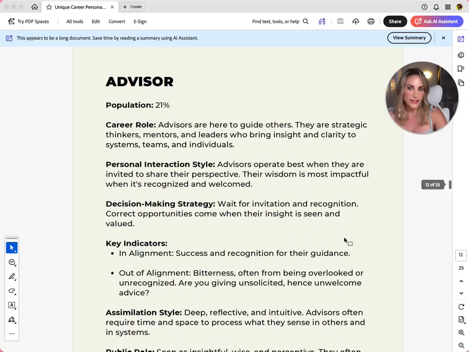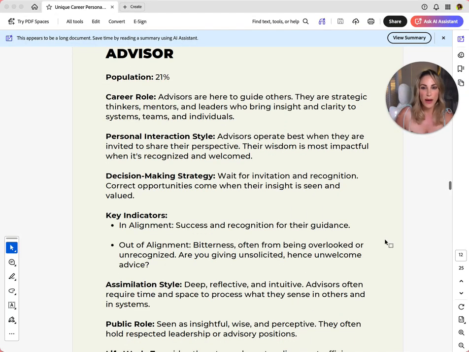And then we have the advisor, that's about 20, 21% of the population. And we, as the advisors, are here to guide the others. We're guides. We have a very specific kind of energy, which we work directly one-on-one with people, and we can see through people.